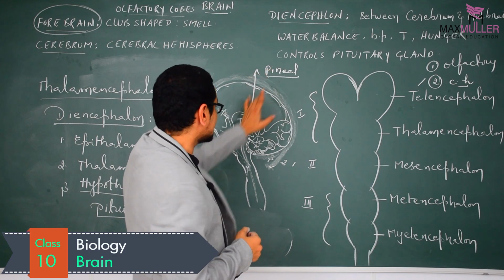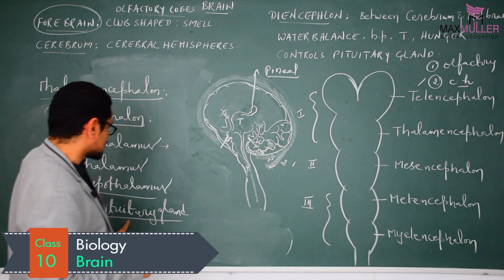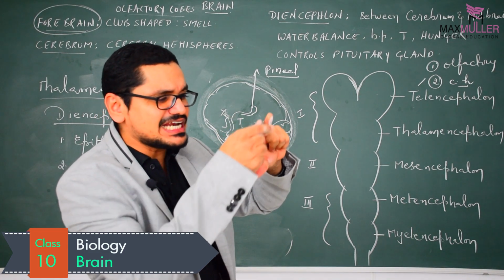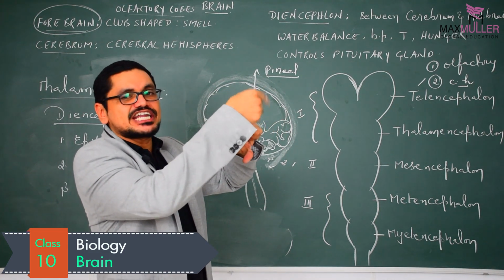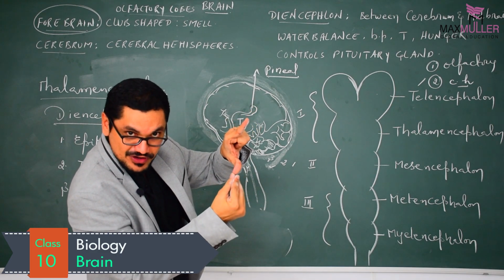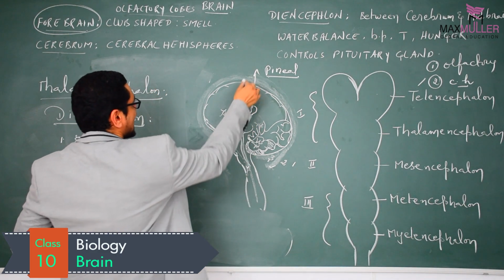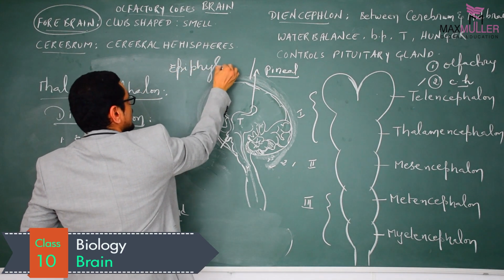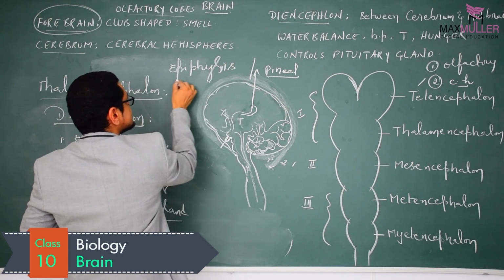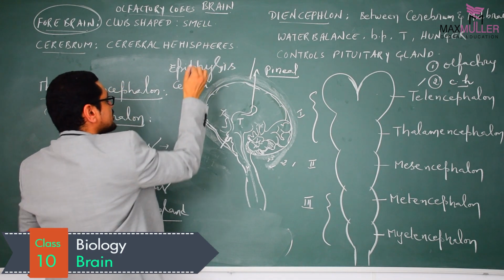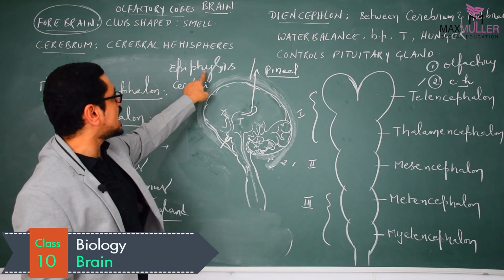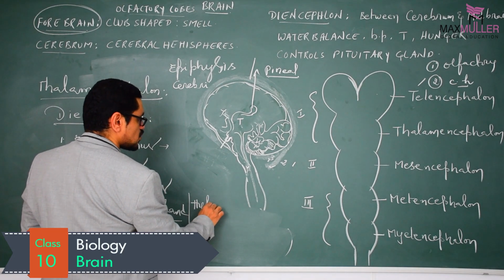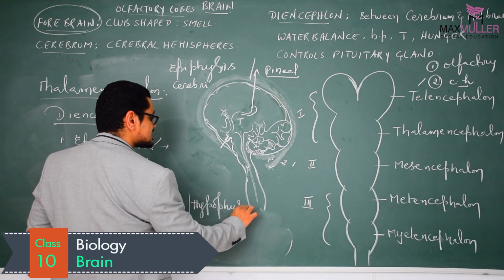Now this is the pineal gland, and this is the pituitary gland. There is another name, excellent names were given. The pineal gland is present above, and the pituitary gland is present below the brain. The pineal gland is also called epiphysis cerebri. The pituitary gland is also called hypophysis cerebri.